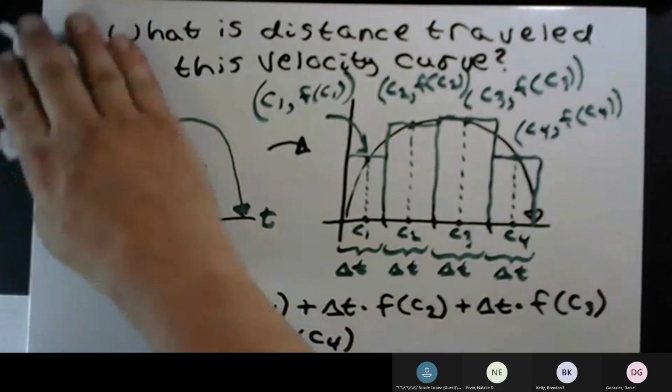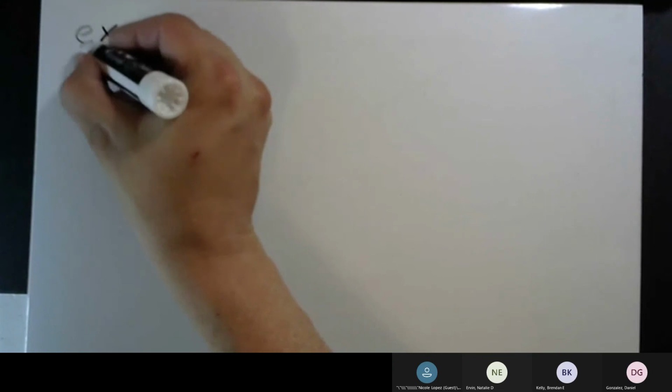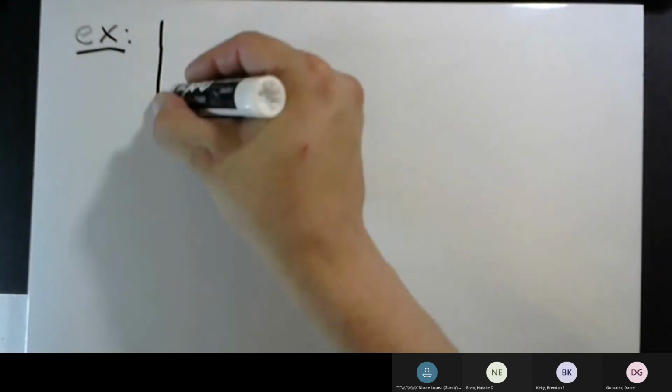All right. So let's do a hands-on, something with some numbers we can calculate. So let's say we have something like this.